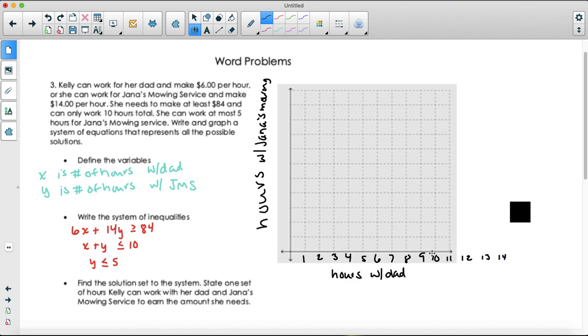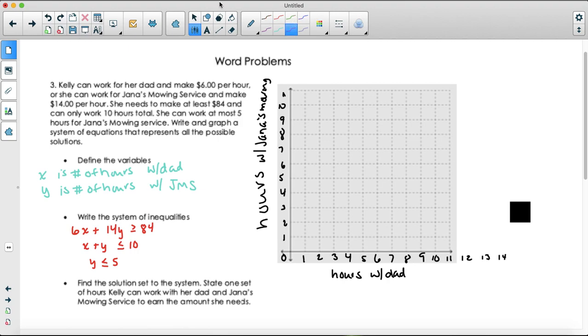Going off the graph a little bit is fine. But then the y's only had to go up to at most 10, because when I divided by 14, I got 6. So I can count up, so 0, 1, 2, 3, 4, 5, 6, 7, 8, 9, 10, 11. So we have 3 inequalities we have to graph.